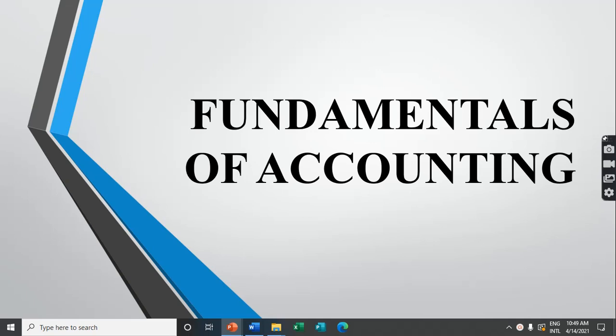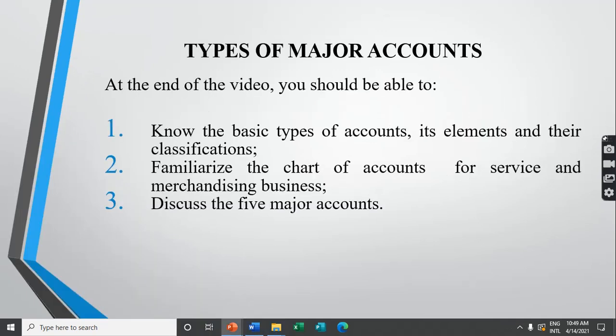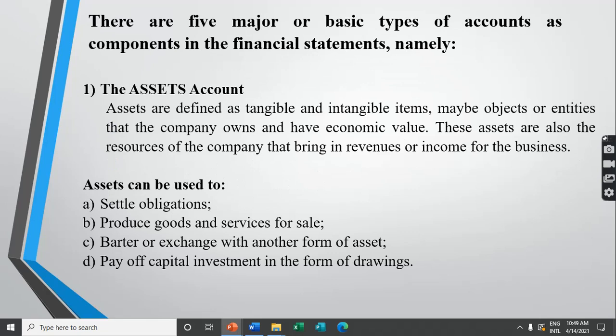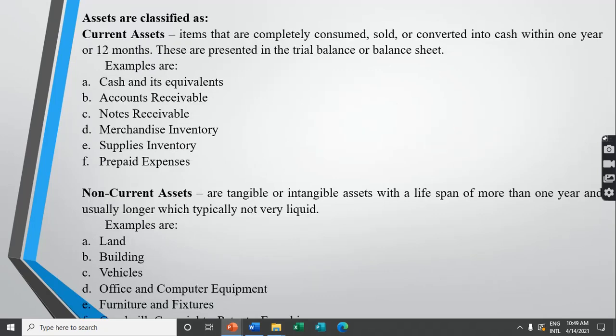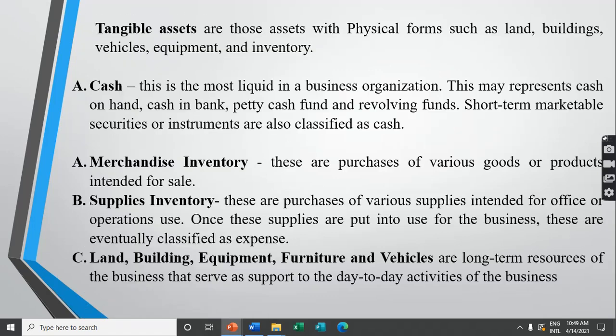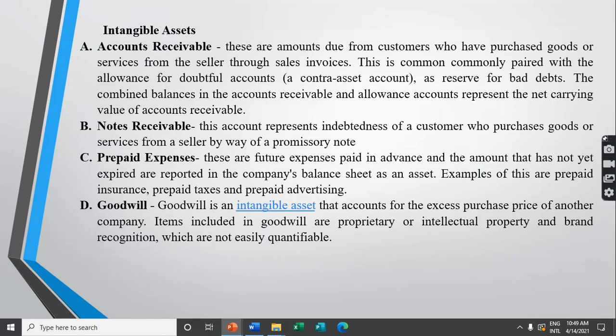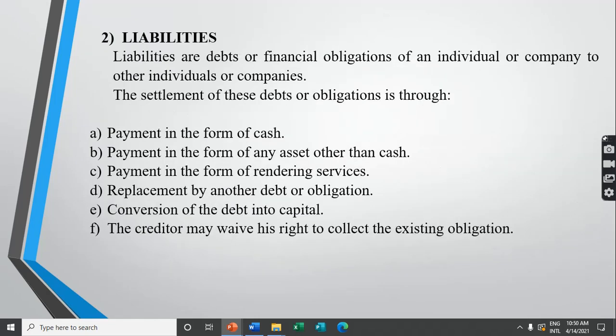In lesson 7, we studied the types of major accounts. I hope you are now familiar with the charts of accounts under asset, liabilities, and capital or equity. We discussed the account titles under assets, which are the current assets, non-current assets, tangible assets, intangible assets, and also the liabilities.